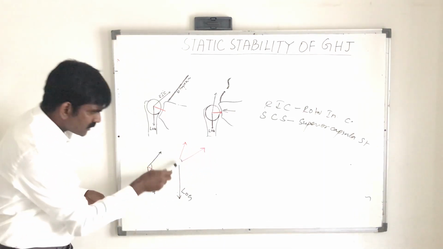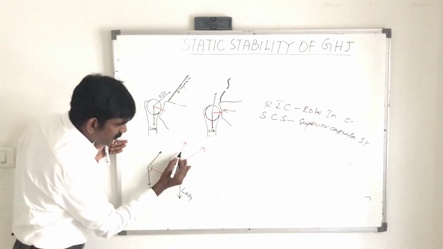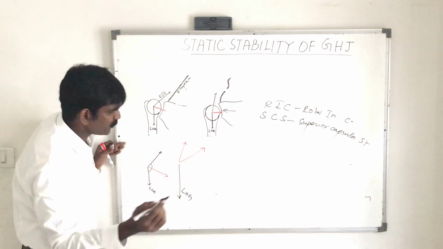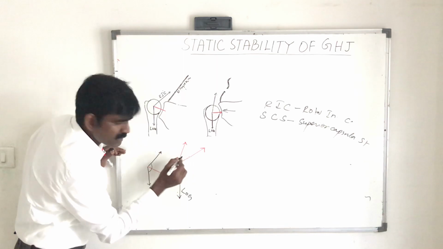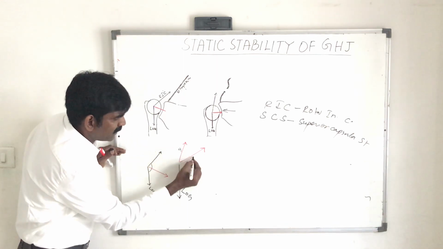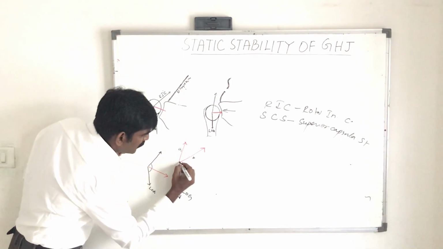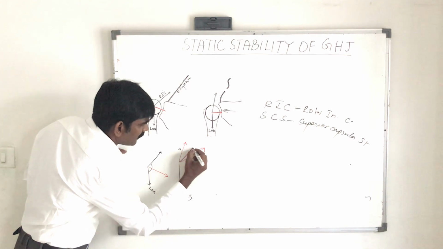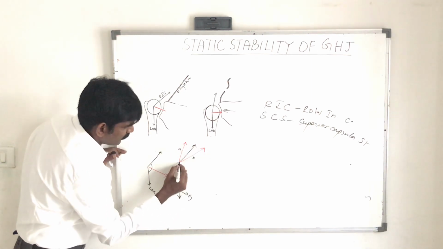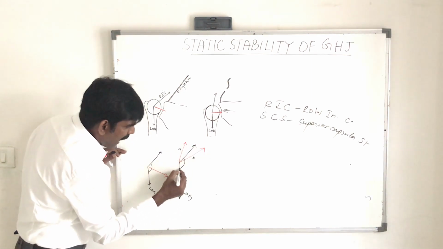Clear? And this is the line of gravity. When you take these two forces into consideration, or the resultant force of A and B, the force will be somewhere in this direction. Clear? So this is the angle.